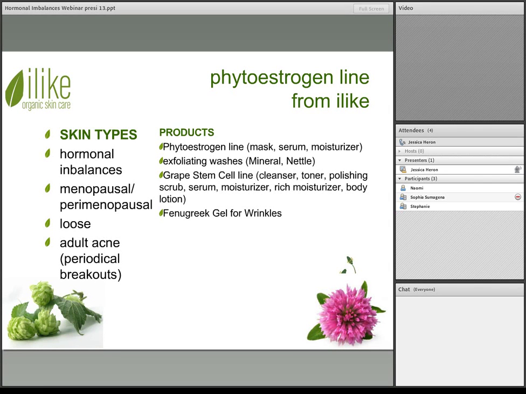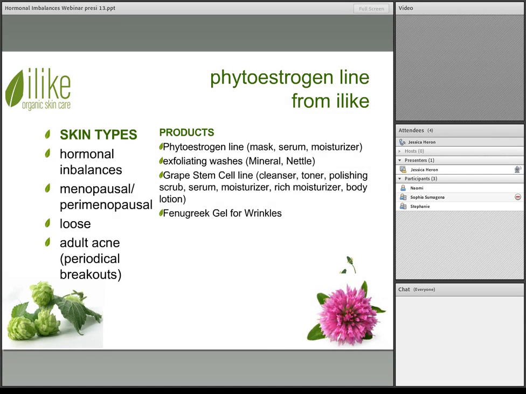We have an eye product called Fenugreek Gel for Wrinkles. And the fenugreek, of course, is a fatty oil. It's also combined with potato. And potato is a wonderful plumping ingredient. And you'll get a really nice tightening and elasticizing effect. This is a liposome gel molecule eye cream that comes in a tube for retail, and it comes in a pump for back bar.